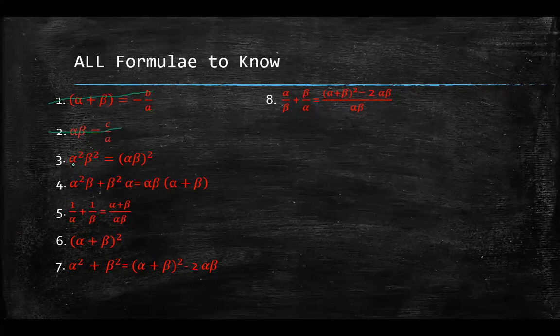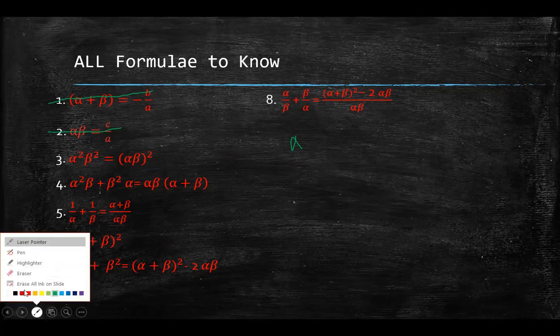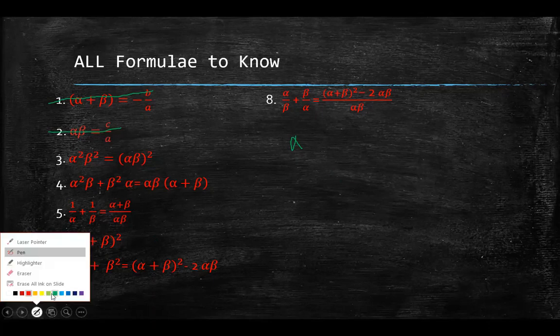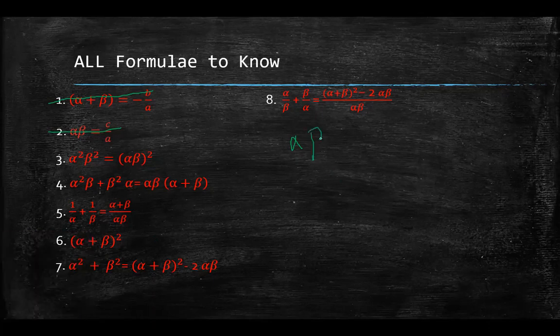They might ask you to calculate the value of alpha squared beta squared. Alpha squared times beta squared, according to this formula, is the same as alpha beta squared. Say I work out a value for alpha beta and I realize that alpha beta is 9.